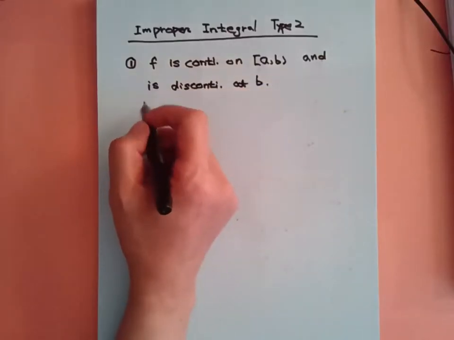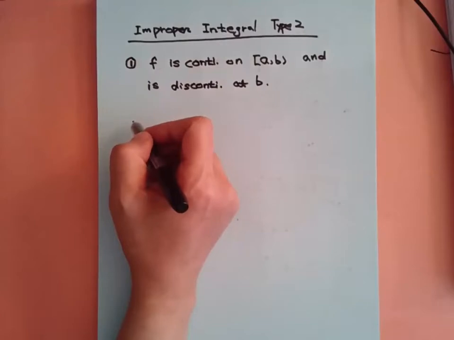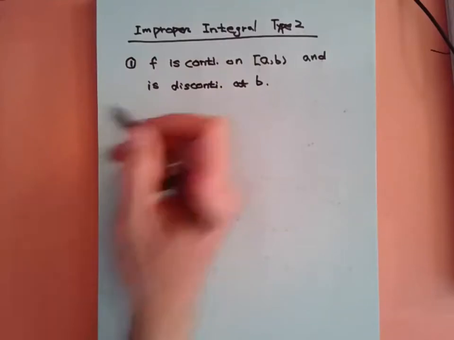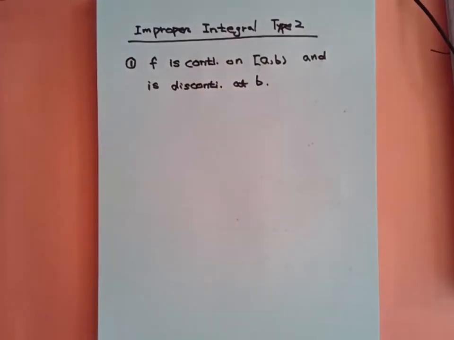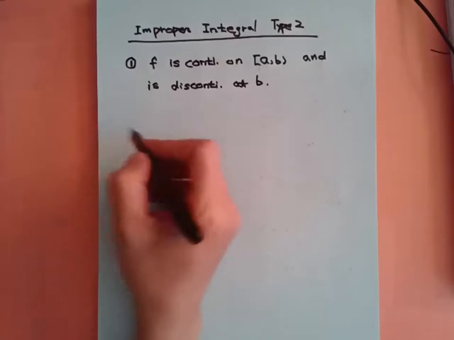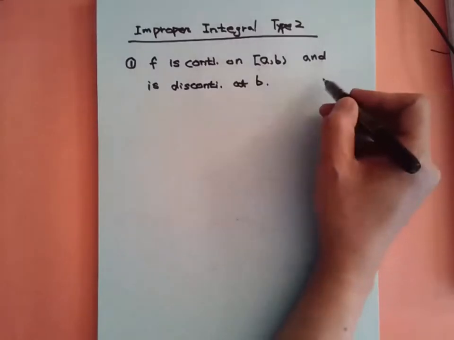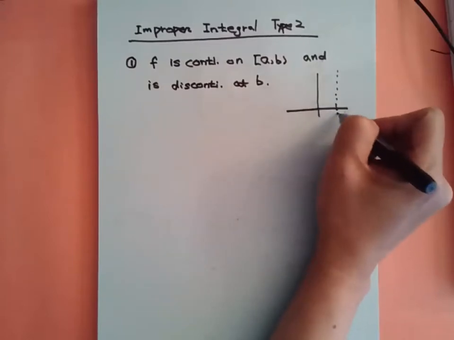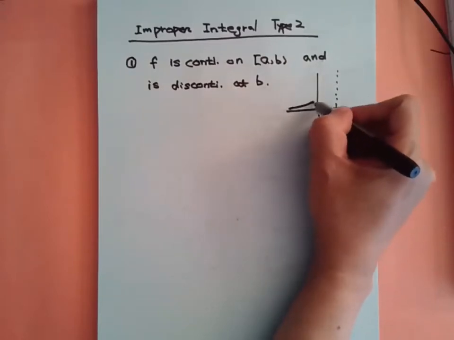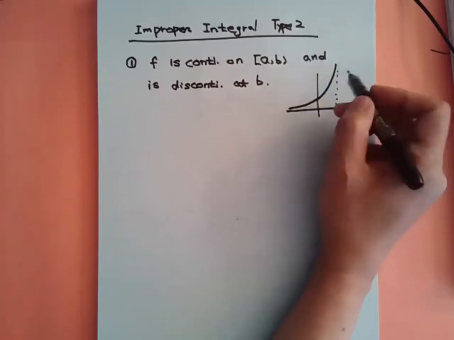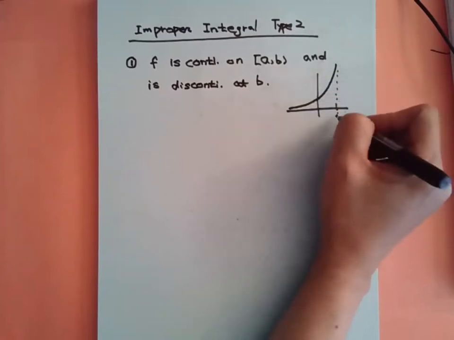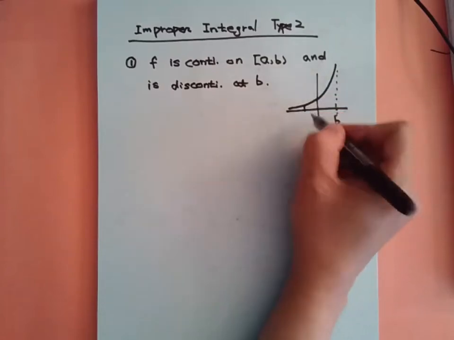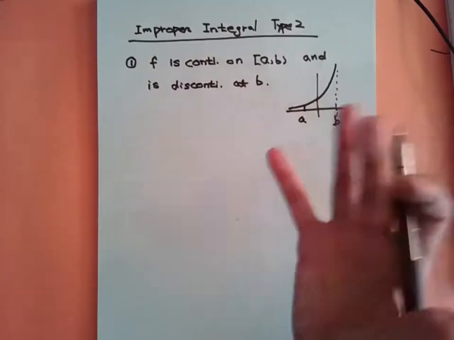And so what we are thinking about is a different type of integration. What we are thinking about is something like this. So there is an asymptote, and at this asymptote, the function is not continuous.